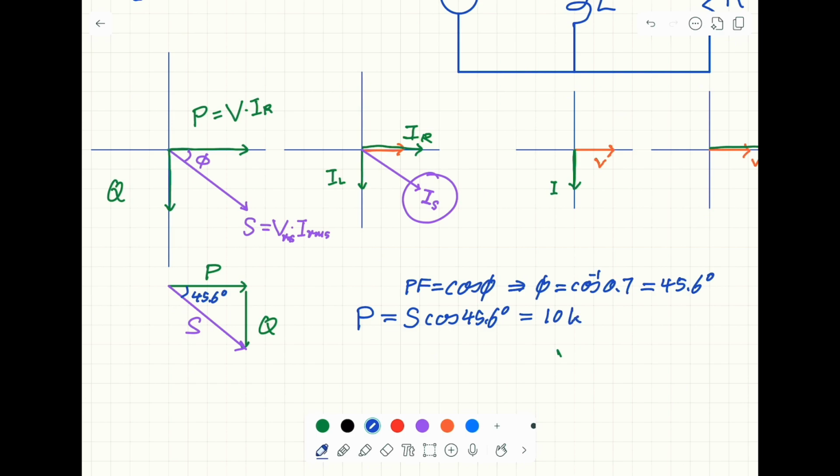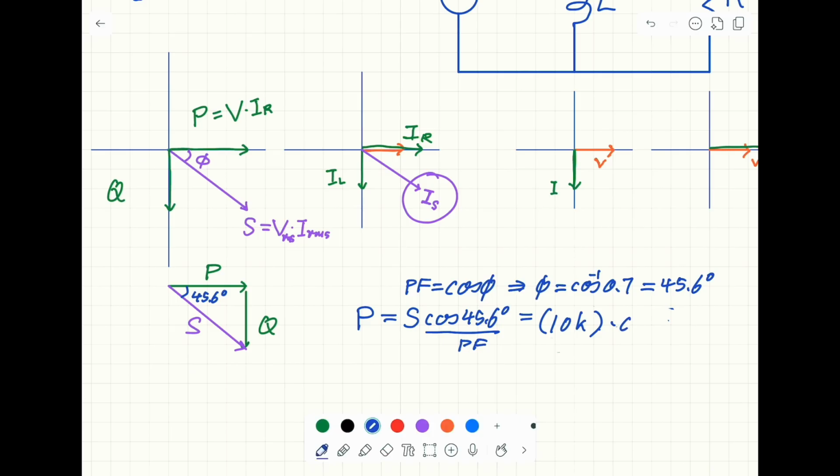Remember, this is apparent, so we use VA as the unit, so we just put 10 k here, times 0.7 because this is the power factor PF, cosine 45.6.